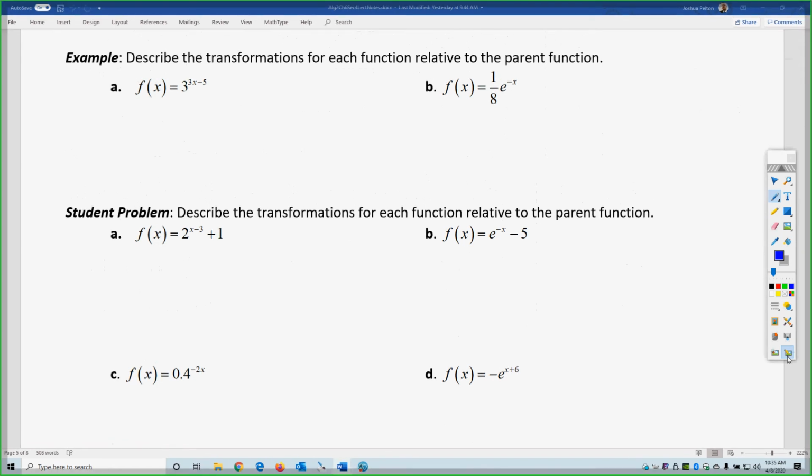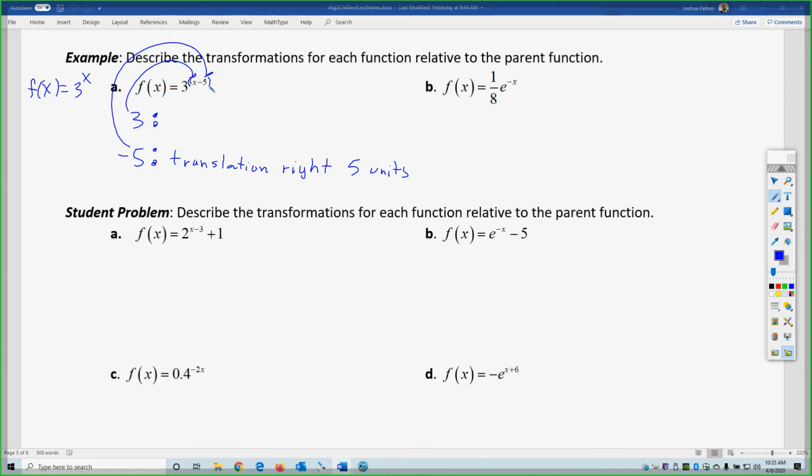So if I look at the first one here, what is the parent of this? The original parent is f of x equals 3 to the x. So what's going to happen here is I have a 3 and a negative 5. What are those things doing? Well, first off, the negative 5 is a translation right 5 units, because adding and subtracting on the inside is a horizontal translation.